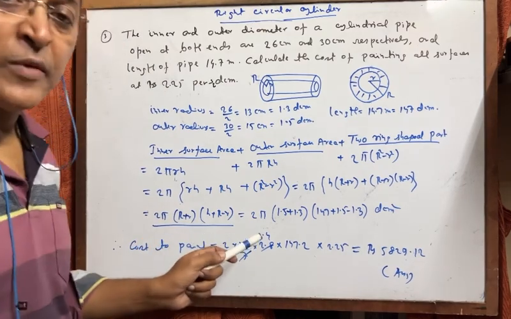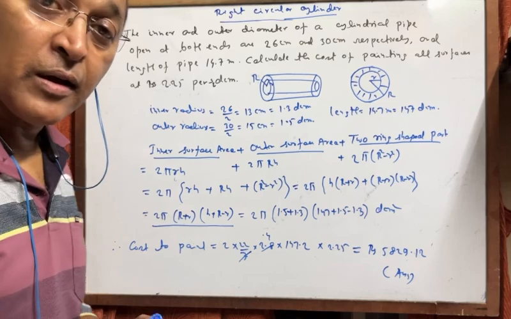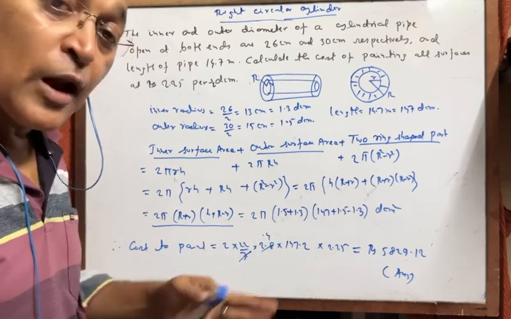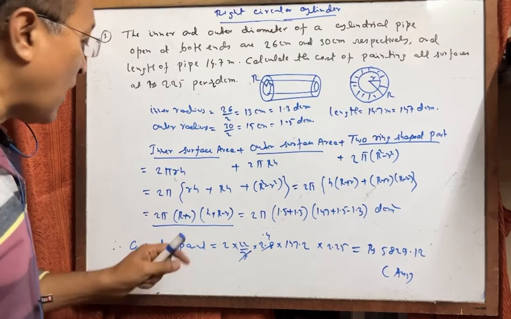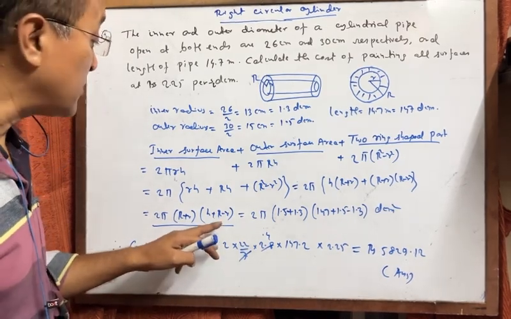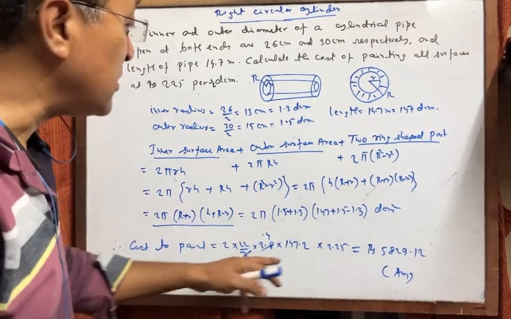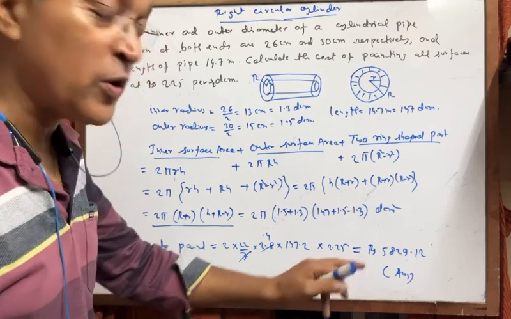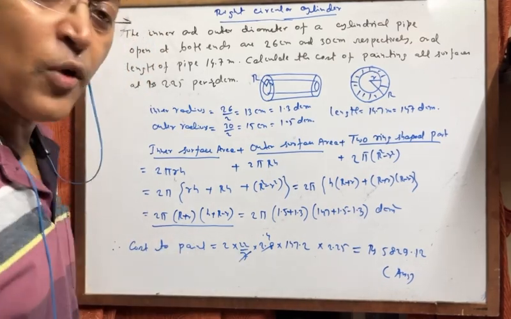In this way, you can make all the calculations easier. After finding three factors and putting the values, I got the cost to paint is this entire square decimeter into 2.25. Ultimately, the answer is rupees 5829.12.